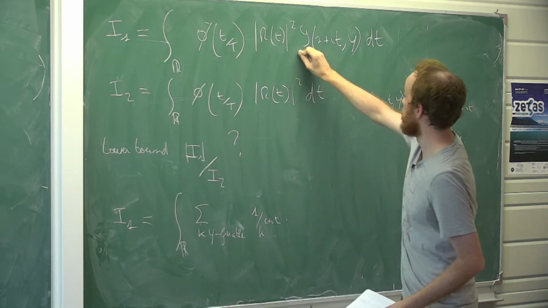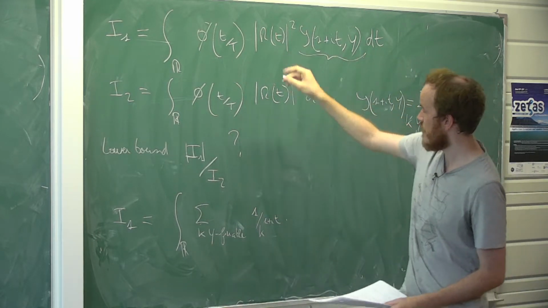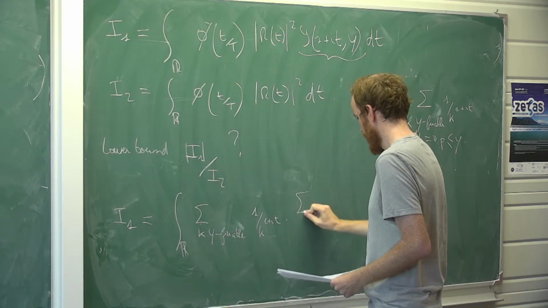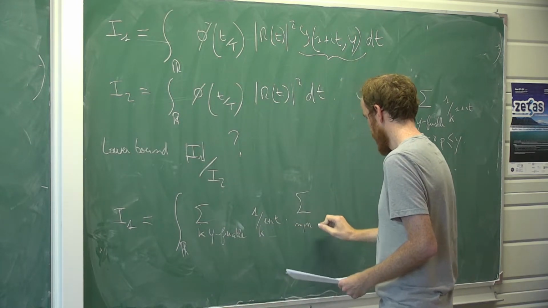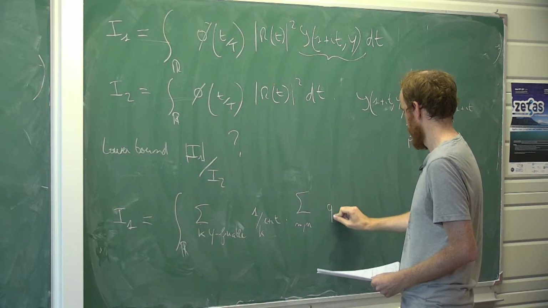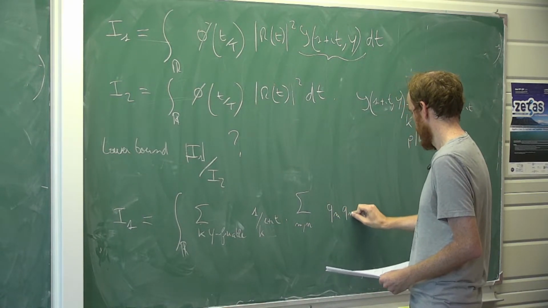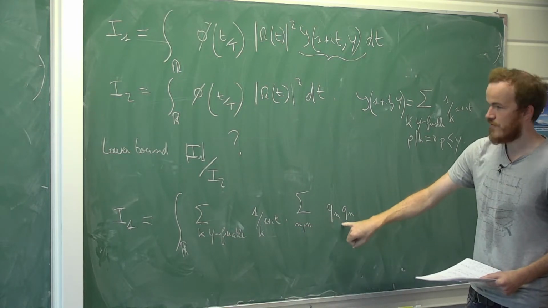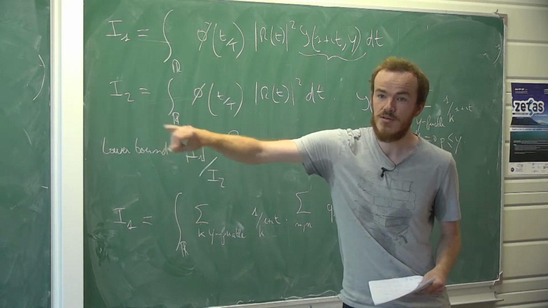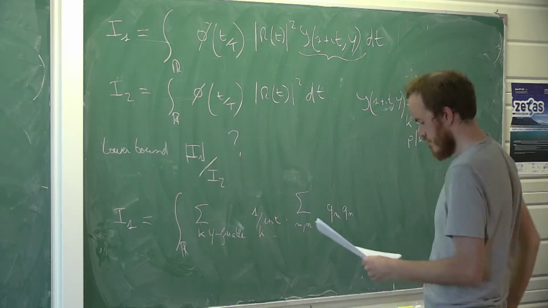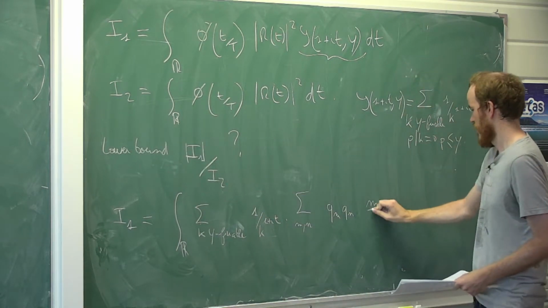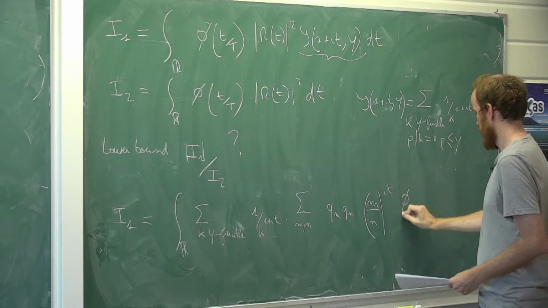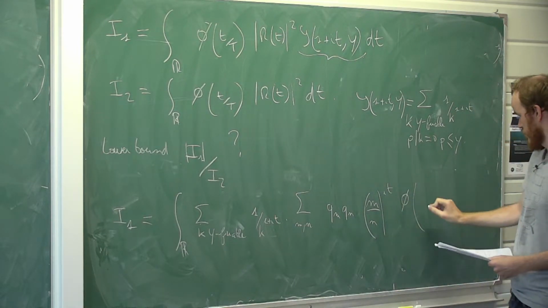So I just develop this term, and then I have a double sum coming from this. By multiplicativity, you have an arithmetic function which only depends on the weight you put on the primes, times this nice function.